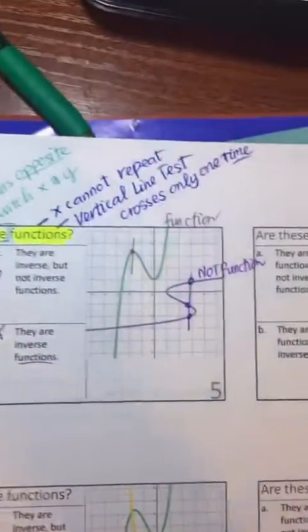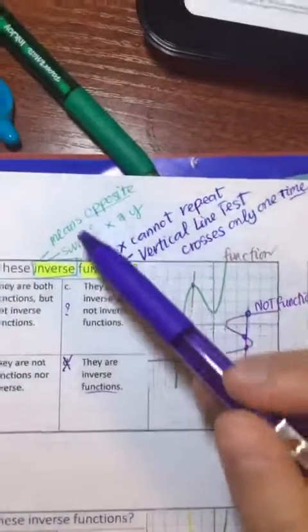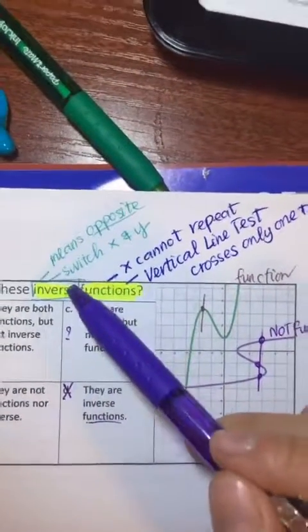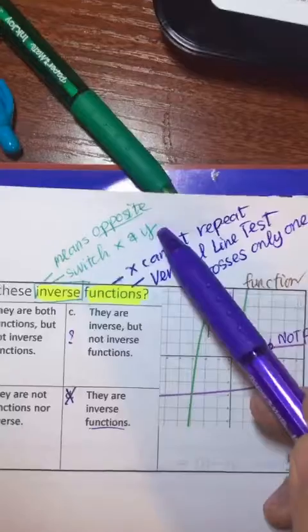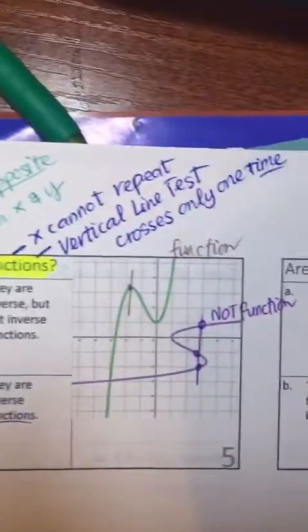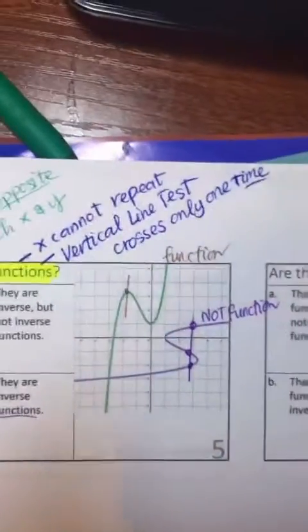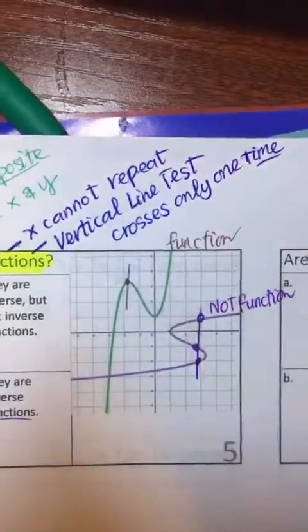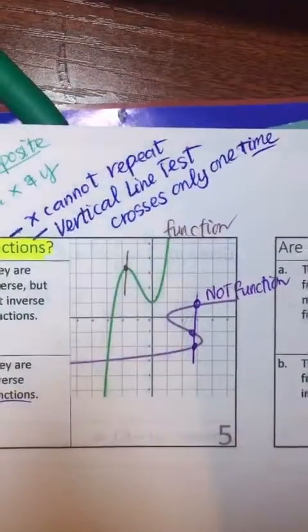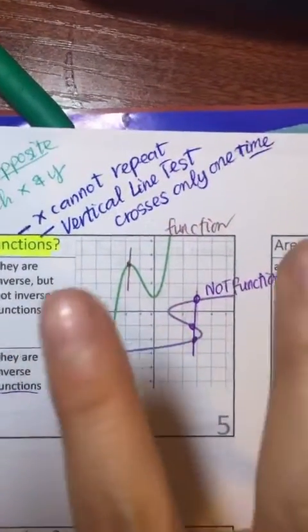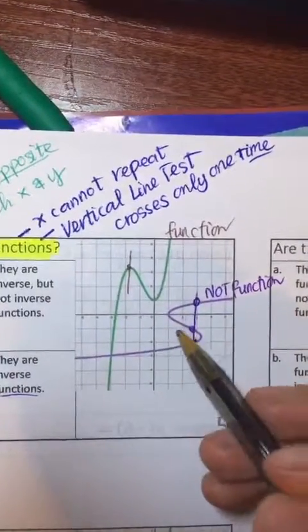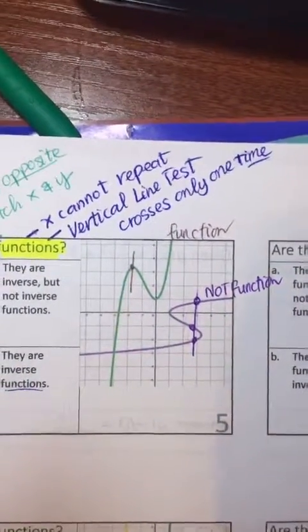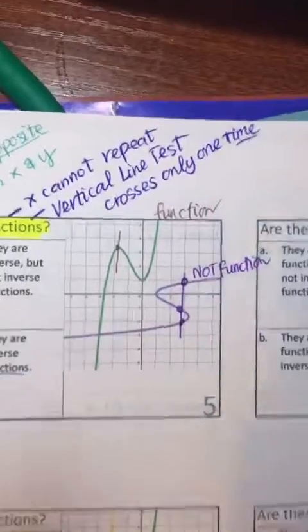So let's check for the inverse. To do that, we need to remember inverse means whenever you switch x and y, we get the opposite, right? So let's take 2 points on the green graph right here. And what we do is switch the x and the y around and see if they are on the purple graph. Okay, so let's pick 2 points.